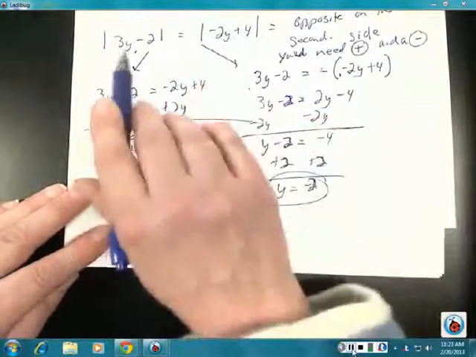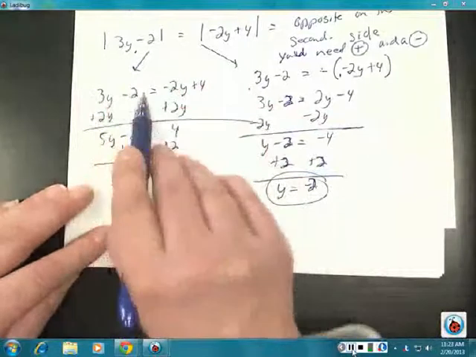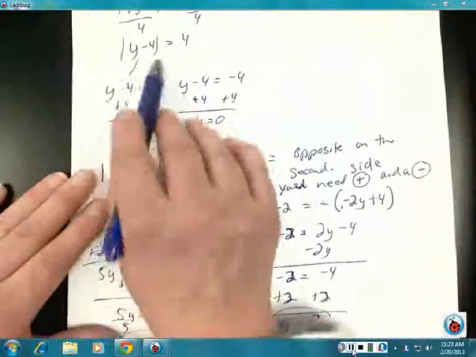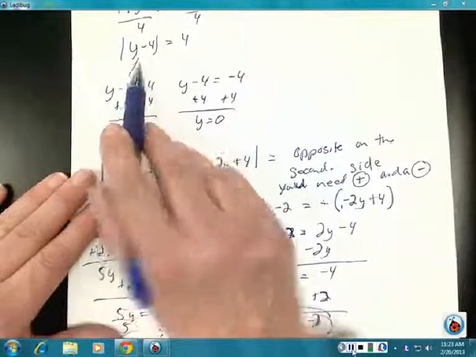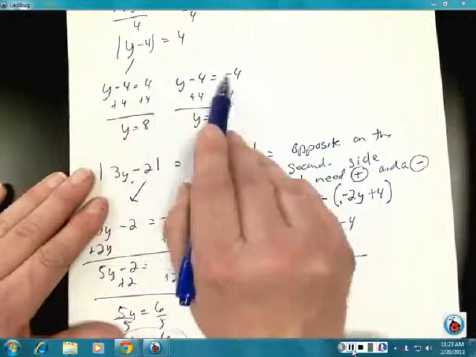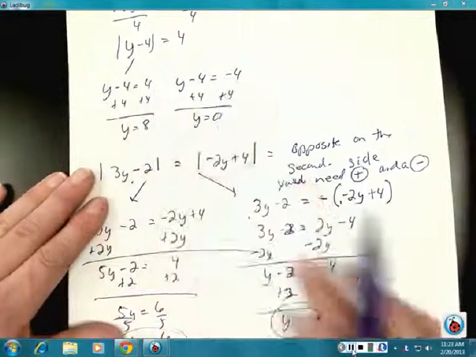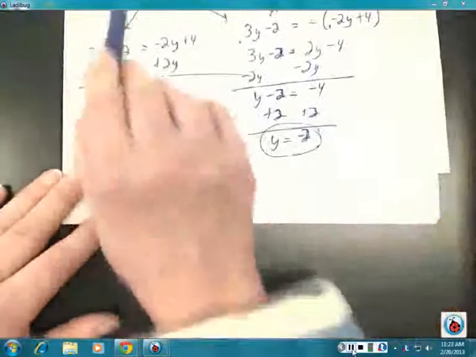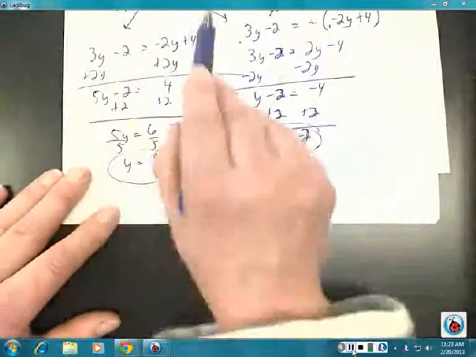But again, I'm going to take my first that I have, which I did up here. My first was that y minus 4, left it as a positive, wrote it again, but made the second piece negative. So I did the same thing here. Wrote this piece as it is, wrote this piece as it is.